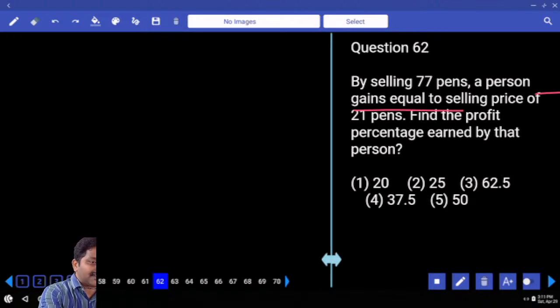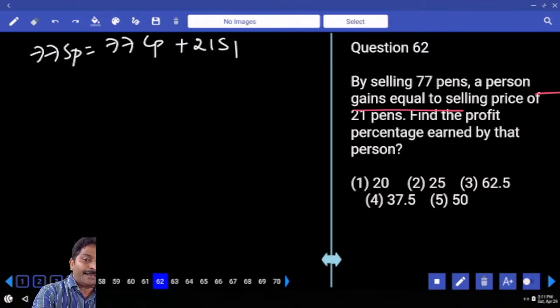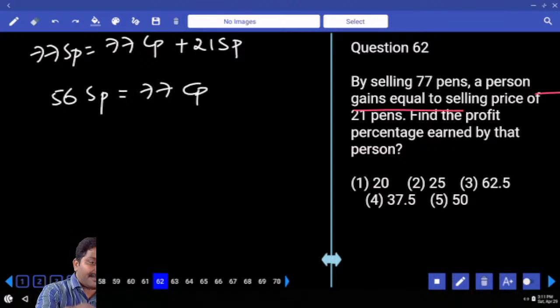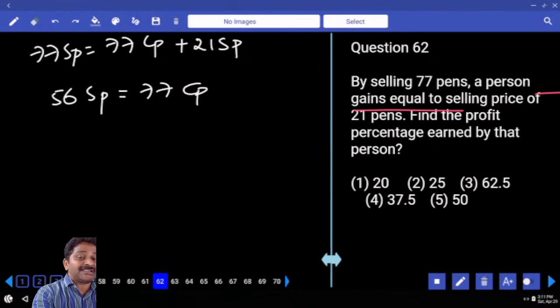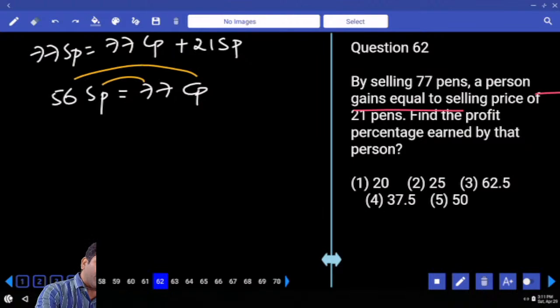I'll tell you what this is. 77 SP is equal to 77 CP plus 21 SP. 56 SP is equal to 77 CP. If it is in number of articles, I said go with rainbow. Selling price is related to 77, cost price is related to 56.